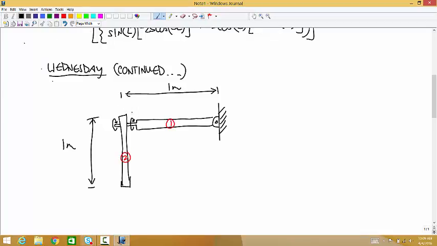Body 2 is rotating relative to body 1 with an angular velocity of 20 radians per second, and the angular acceleration is 10 radians per second squared. Those are both in the same direction, so is that speeding up or slowing down?